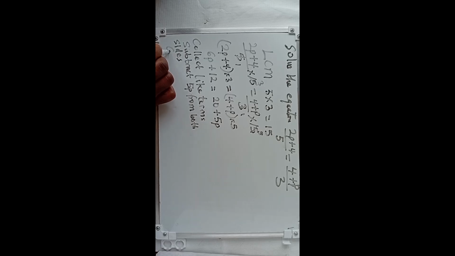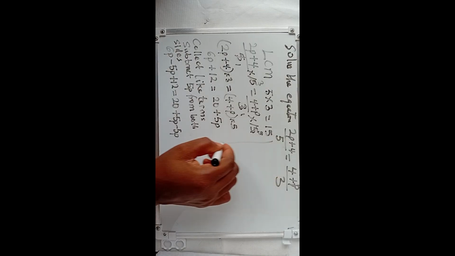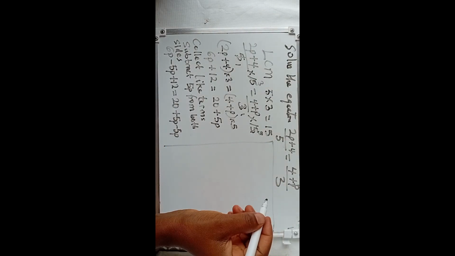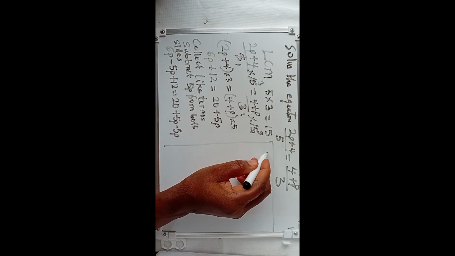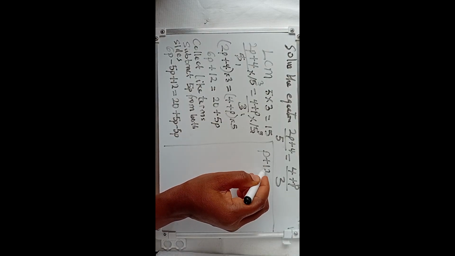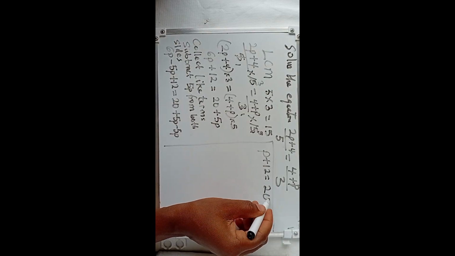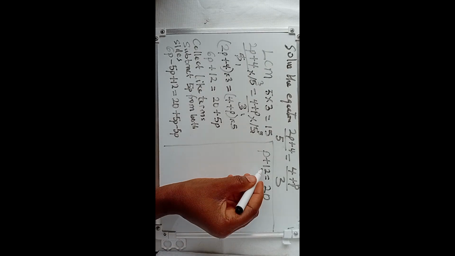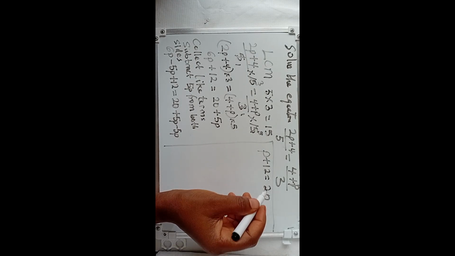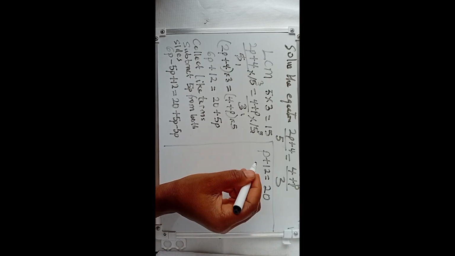This will give us 6p minus 5p plus 12 equals 20 plus 5p minus 5p. On the left hand side, 6p minus 5p is 1p plus 12 equals 20, because plus 5p minus 5p equals 0.